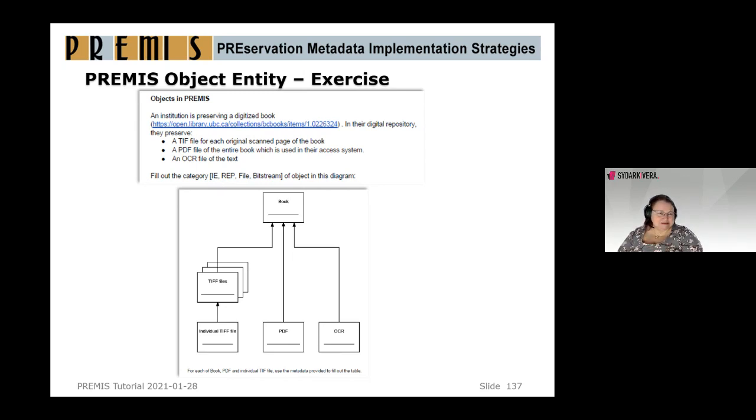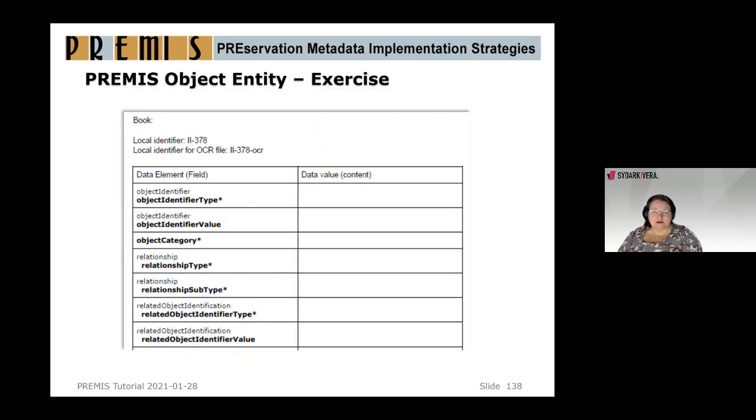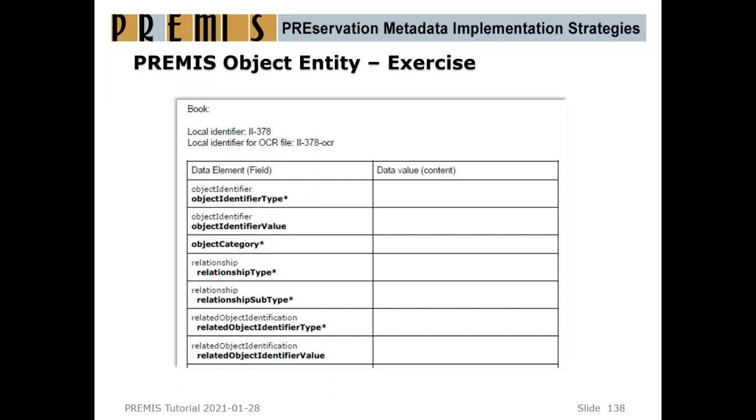Together with this one in the same exercise, we do have some tables. And the thing here is to be able to connect the semantic unit with a value. So picking the values you have been given. You have some information about the book here. You have the information about the OCR file. And you have the information on the first page.